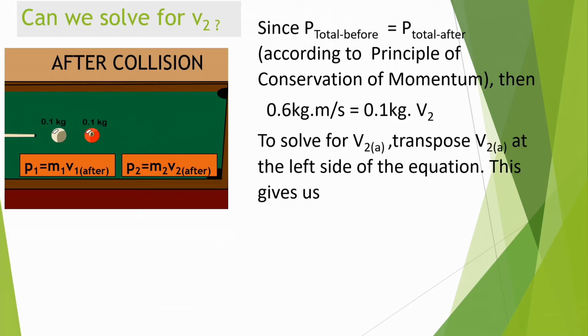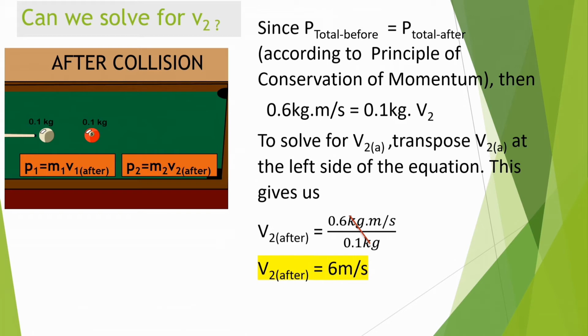Then, to solve for the v sub 2, transpose it to the left side of the equation. This gives us v sub 2 is equal to 0.6 kilogram meter per second divided by 0.1 kilogram, and cancel kilograms and kilograms in here. So we will have a final answer of our v sub 2 after collision, which is 6 meters per second.